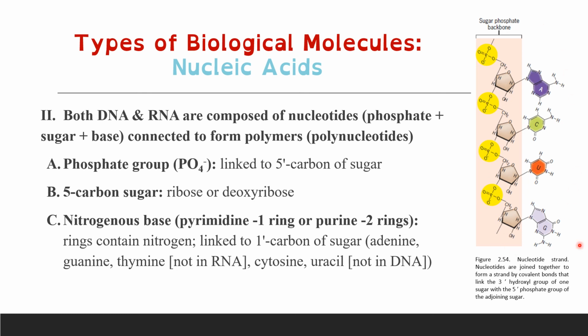The phosphate group is technically characterized by the presence of phosphate linked to the 5' carbon of the sugar. And then the 5-carbon sugar can be a ribose or a deoxyribose. And then the nitrogenous bases can be a pyrimidine, which is a one-ring base, or a purine that has two rings on it. Okay?